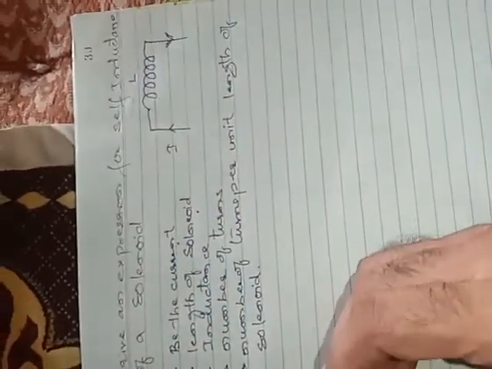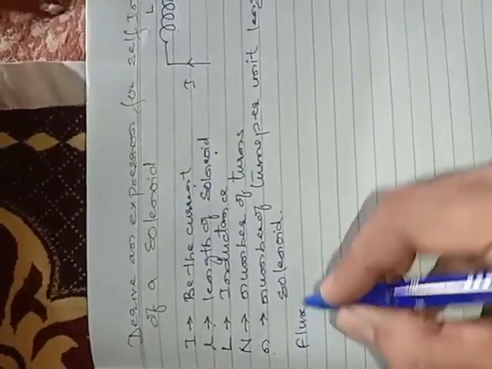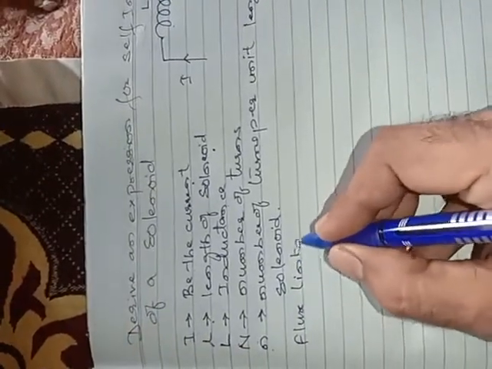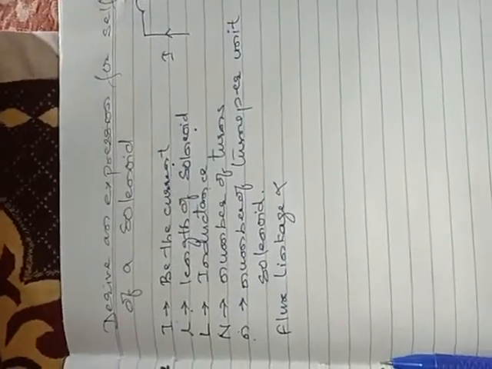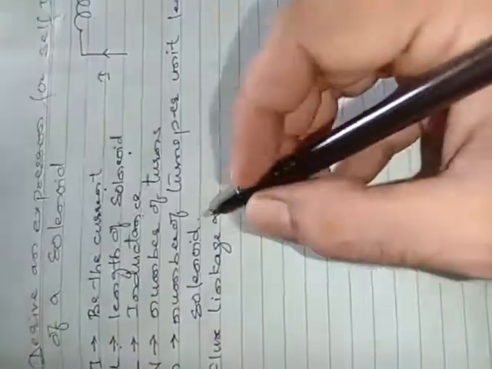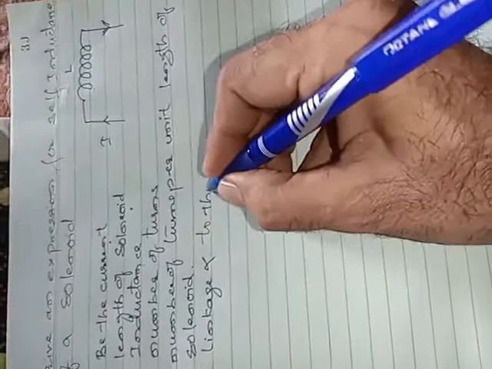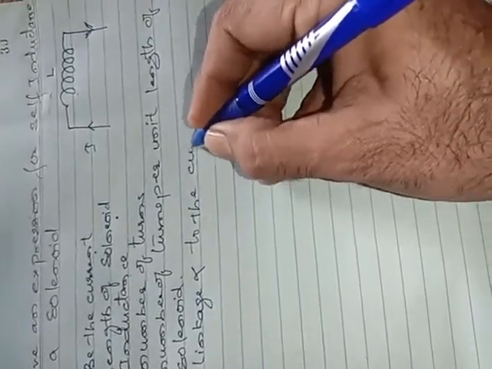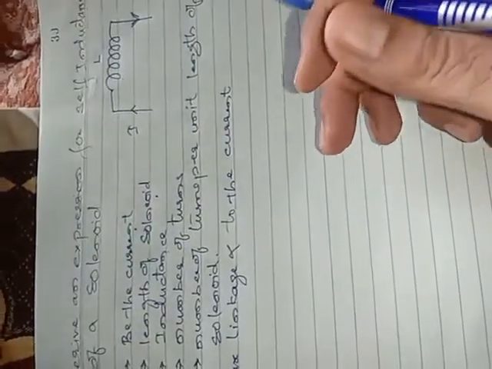So we know that flux linkage is directly proportional to the current.